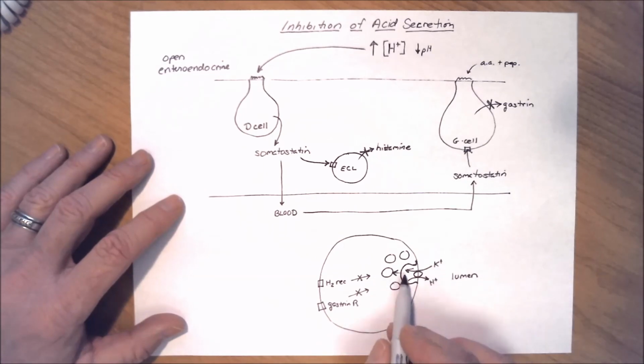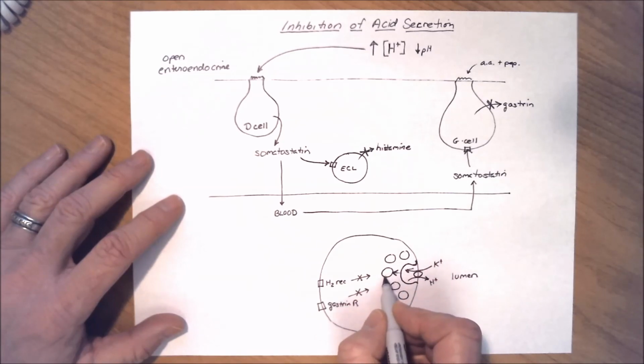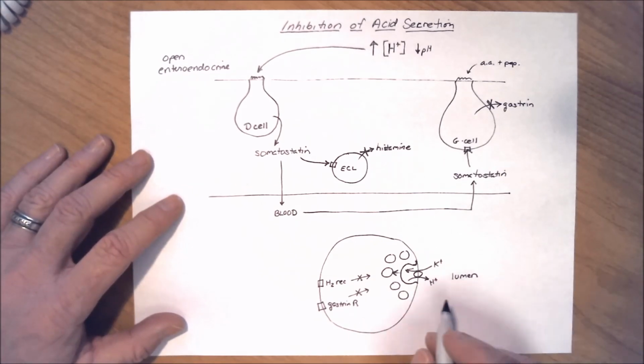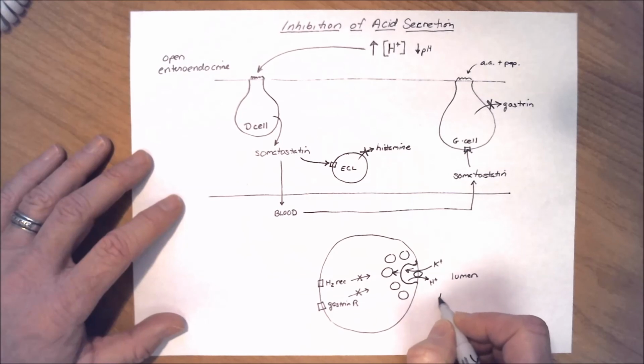In doing this, this transporter is no longer located in the plasma membrane. It's housed now in a vesicle, and its function is prevented. By doing this, we can no longer pump protons out, and the result is the pH begins to rise.